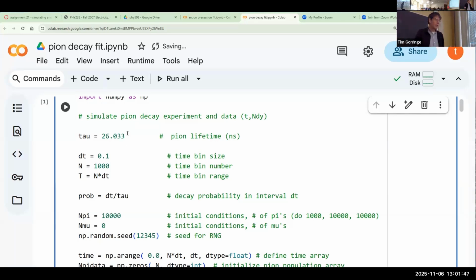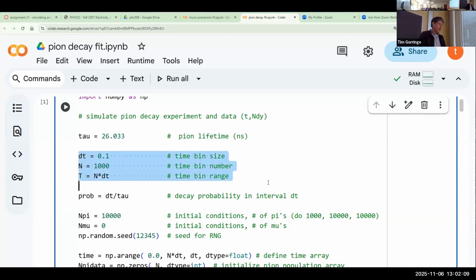So there's a bunch of parameters that I've set associated with this. The pion lifetime is measured, is 26 nanoseconds. It's measured to about a part in 10,000, I think. So here's the lifetime, and I'm going to use that to simulate the pion lifetime.